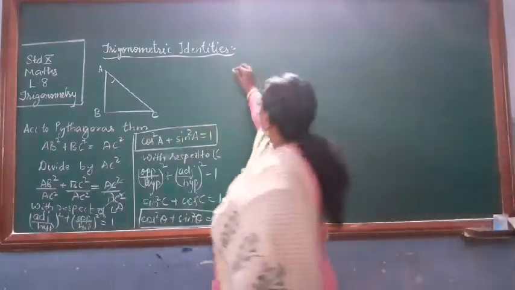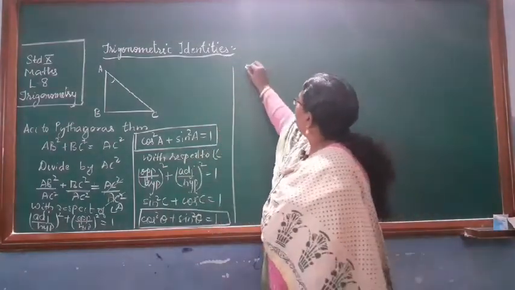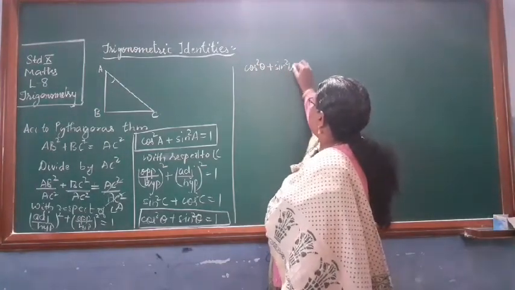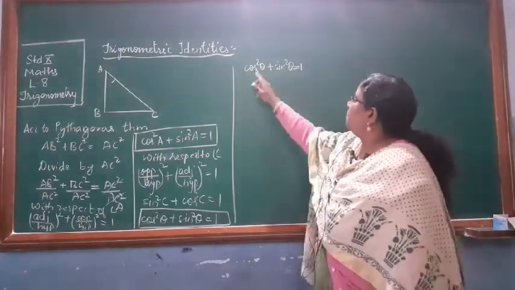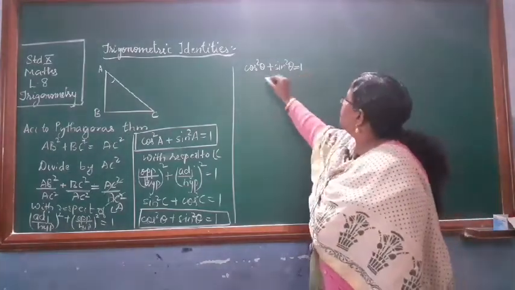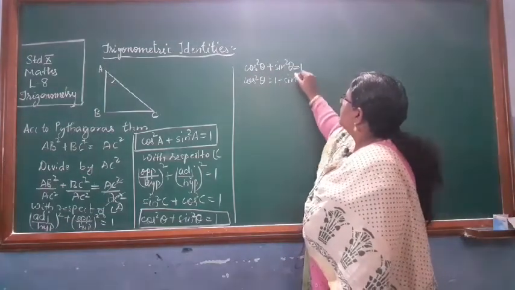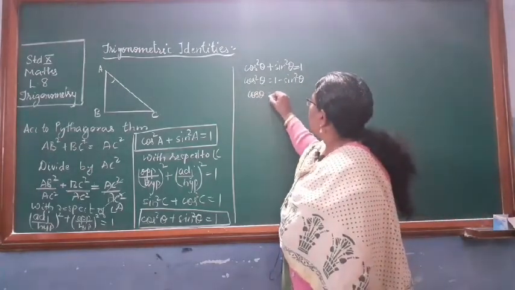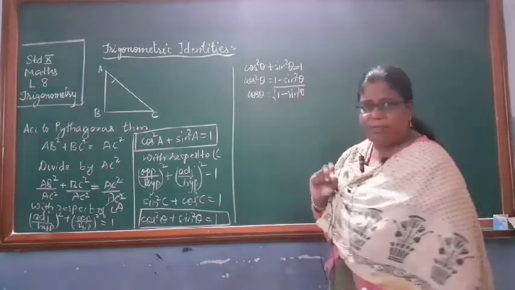ठीक है, अब ये जो ट्रिग्नोमेट्रिक आइडेंटिटी है इसको यूज करके हम दो और आइडेंटिटीज लिख सकते हैं. cos square theta plus sin square theta. बस इतना ध्यान रखने का, यहाँ पे भी theta यहाँ पे भी theta होना चाहिए. Then you can put cos square theta plus sin square theta is equal to 1. Okay, from this we can have cos square theta is equal to 1 minus sin square theta, ऐसे लिख सकते हैं. और even cos theta is equal to under root of 1 minus sin square theta, ऐसे भी लिख सकते हैं.